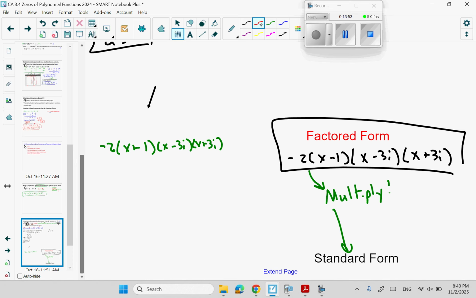I'm telling you that if you're multiplying conjugates, whether that be radicals or imaginaries, you should multiply those 2 parentheses together first because they're going to simplify. So x times x, x squared, plus 3xi, minus 3xi, minus 9i squared. My middle terms cancel out. My i squared turns into a -1, so I get x squared plus 9.